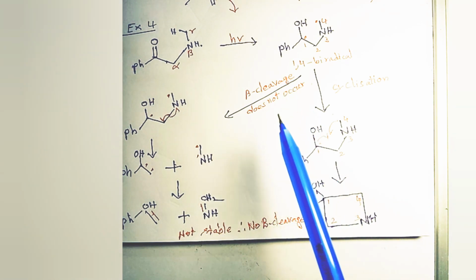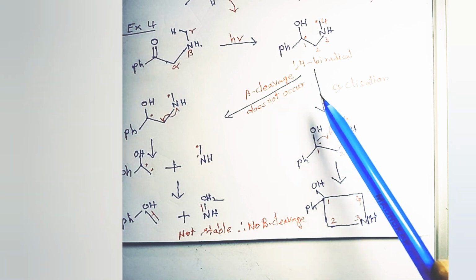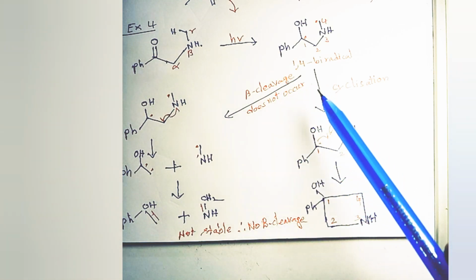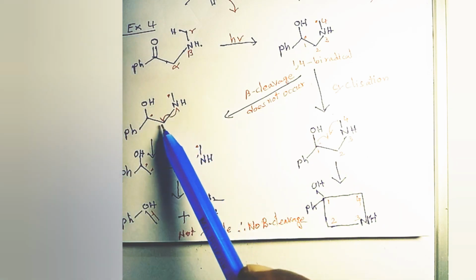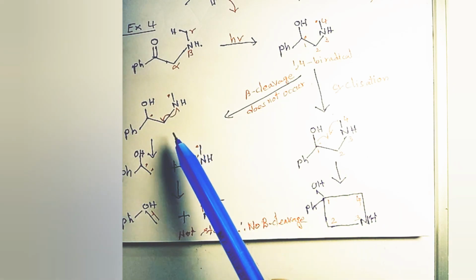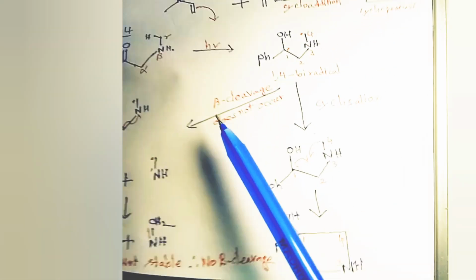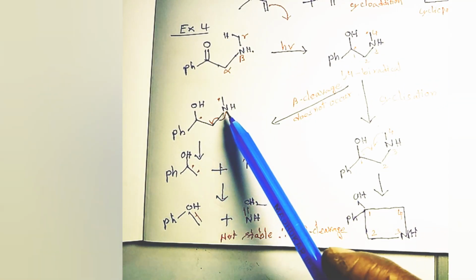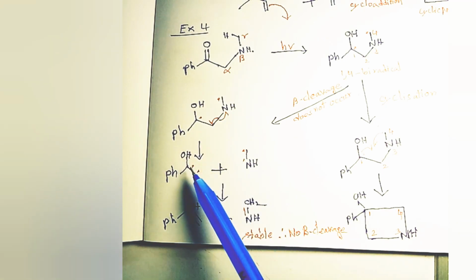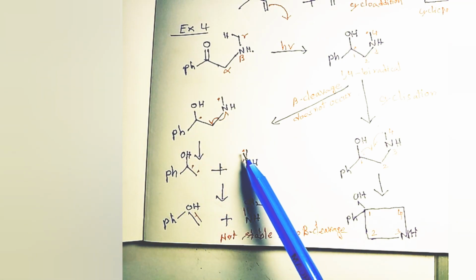Now let's see if beta cleavage occurs in this compound. Here, if beta cleavage occurs, this beta bond between this alpha carbon and nitrogen will cleave to form radicals.